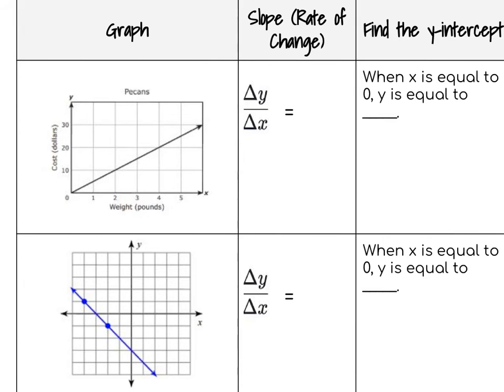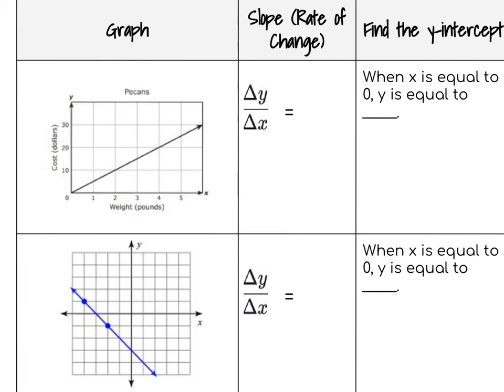Okay, in the back of the page. So I have a graph here about pecans and weight, and I see the weight is going by 1. And the cost is going by tens. And my slope is positive. So it appears the more pecans I buy, the more money it is going to cost me.